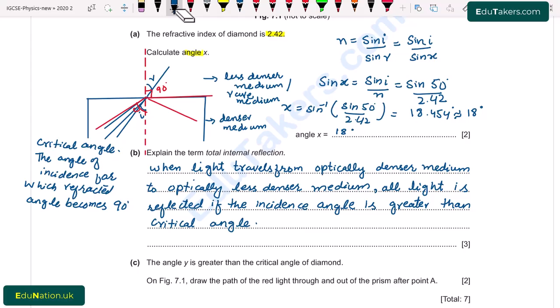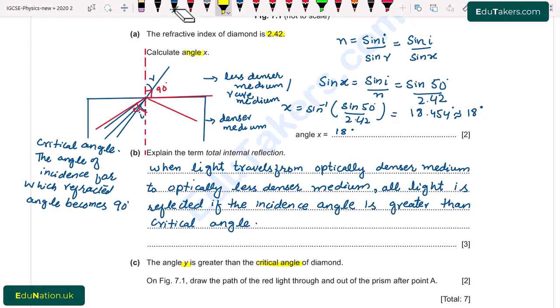Moving towards the other part of this question, that is, the angle y is greater than the critical angle of diamond. So here y is the angle shown in the figure that is greater than the critical angle.